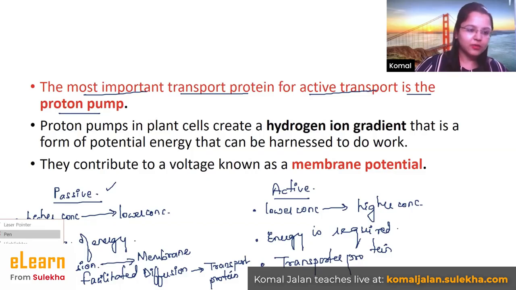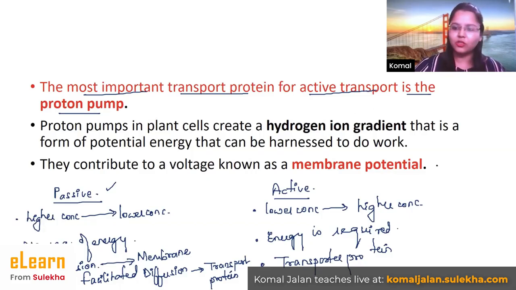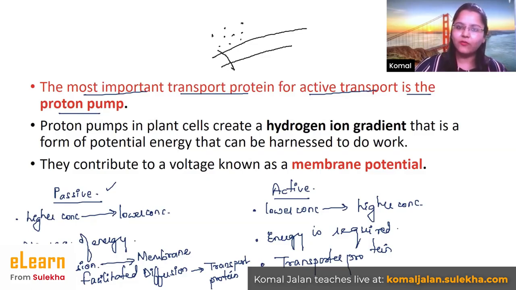If I just draw a simple structure of a double membrane over here, if the molecules here are in higher concentration and they have to cross the membrane from higher to lower, then this method is diffusion.